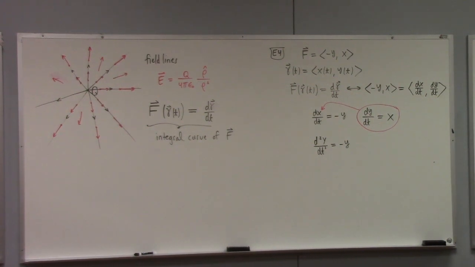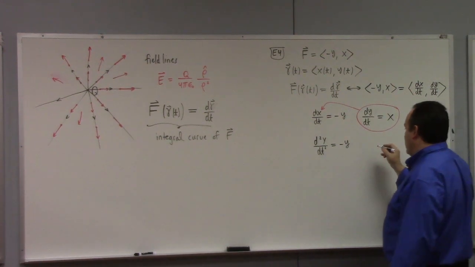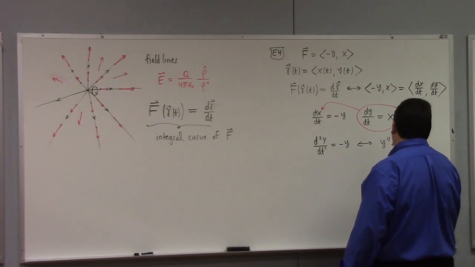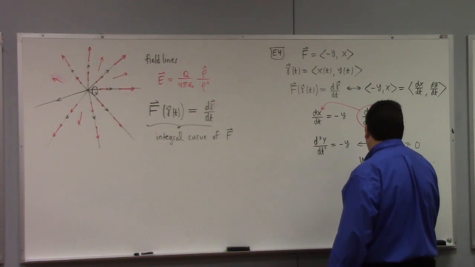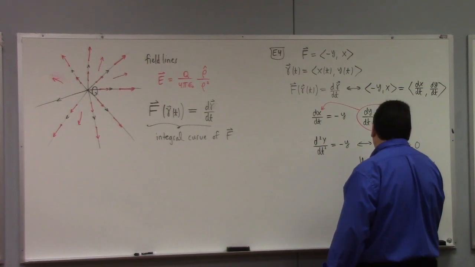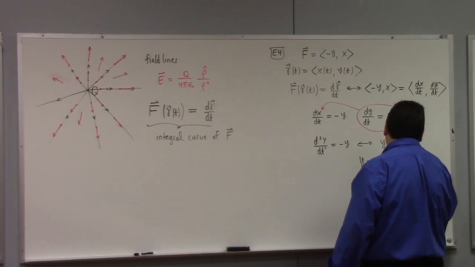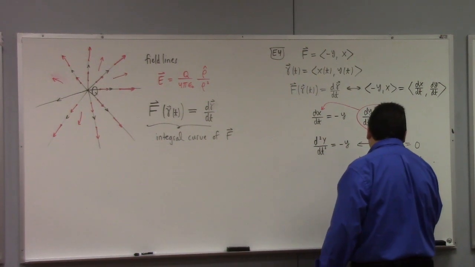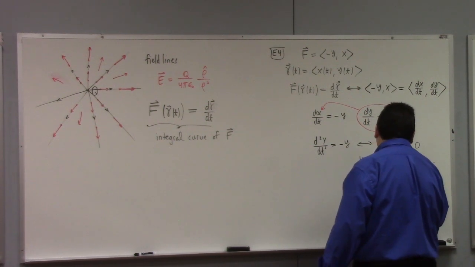You learned that the general solution to the differential equation y double prime plus y equals 0 is y equals c1 cos t plus c2 sin t. Or if you like, we could just write it as y equals some constant r times the sine of t plus some phase angle.